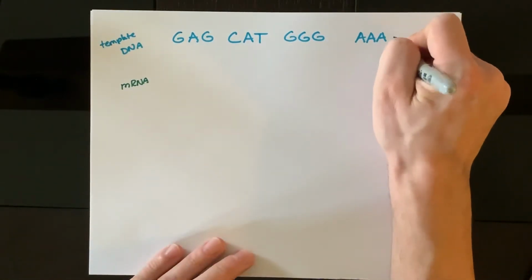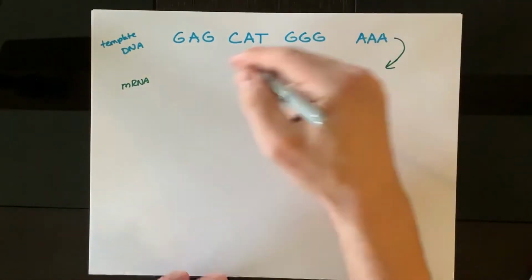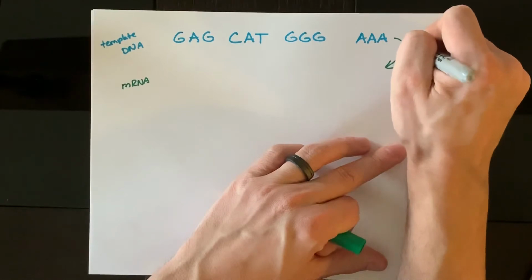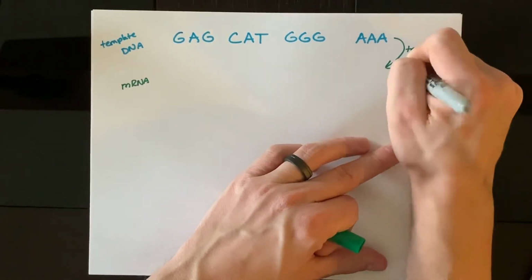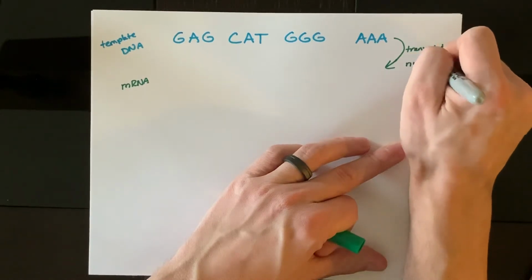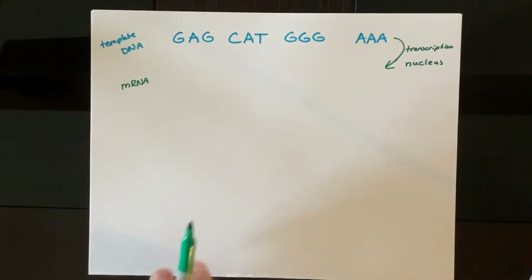And this process of going from DNA to RNA is called transcription, and it happens in our nucleus. All right, so we're going from DNA to mRNA.